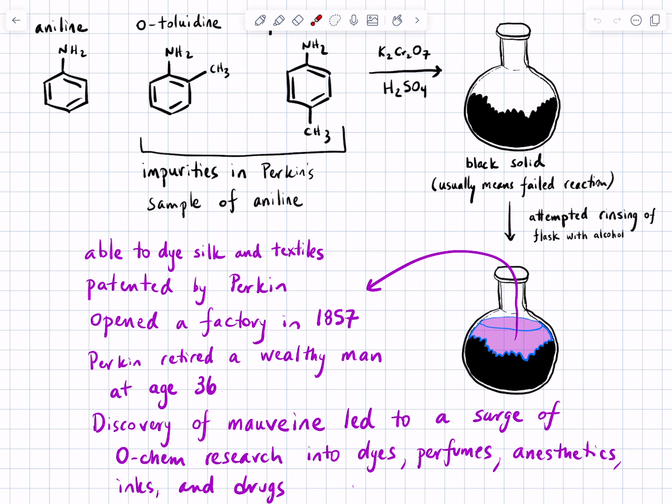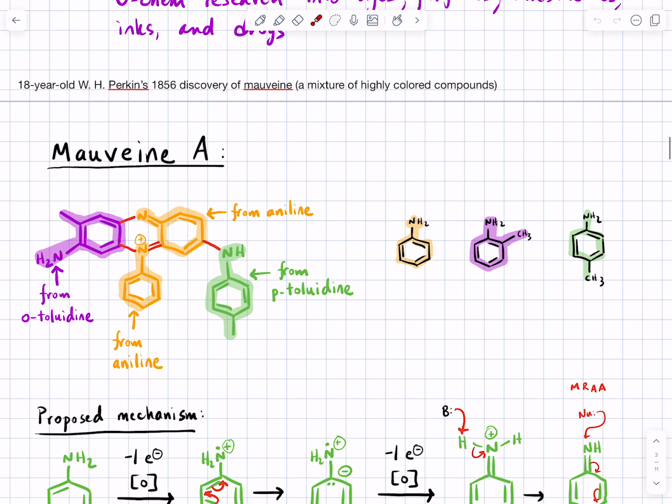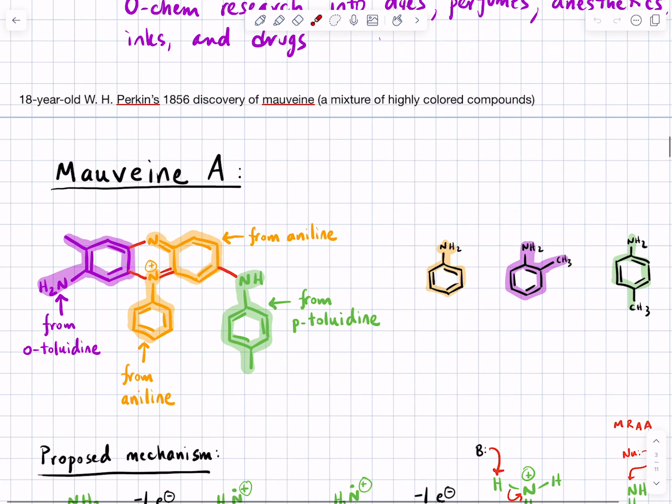Now, you're probably no longer using the molecule that Perkin used, but he opened up a factory to make this molecule in 1857, and retired a wealthy man at the age of 36. The molecule that he actually made was a mixture of molecules, but it looked like that. Pretty complicated. We could go through it, but we won't.